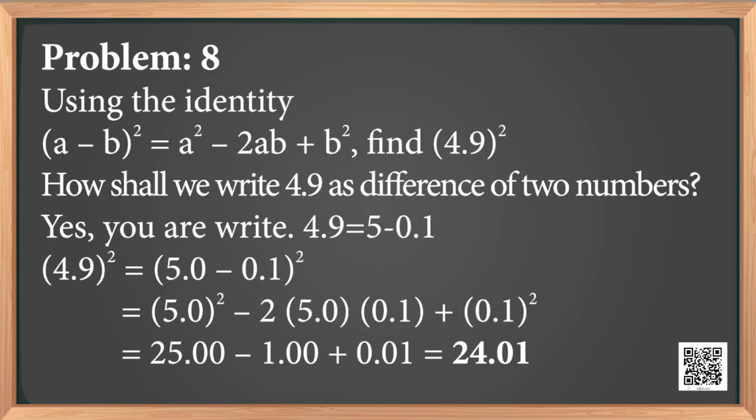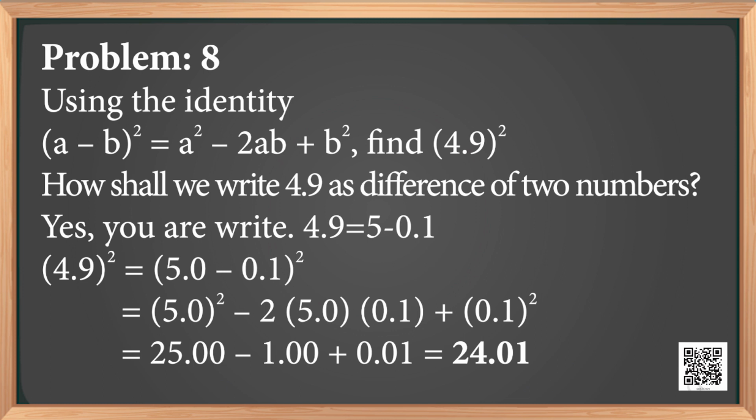We now find the square of a number by using identity 2, (a - b)² = a² - 2ab + b². Problem number 8. Using the identity (a - b)² = a² - 2ab + b², find 4.9².